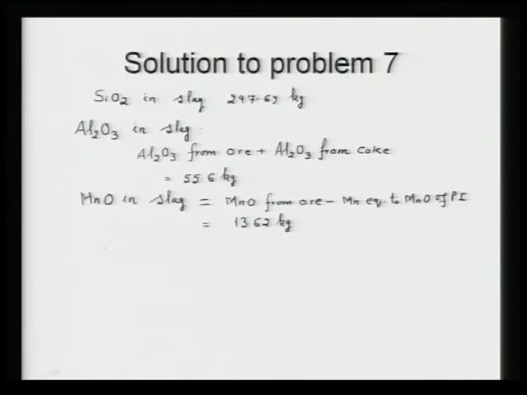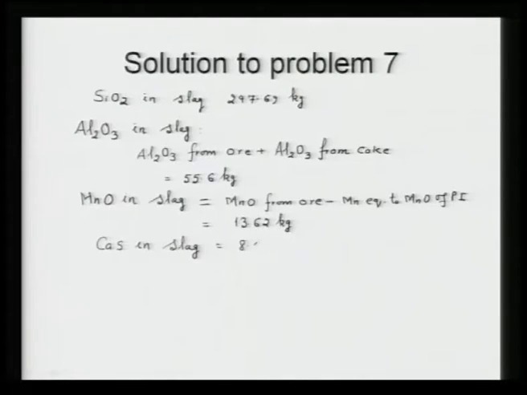So, the slag will also have calcium sulphide, that can be calculated from the reaction CaO plus FeS equals CaS plus FeO, because you know coke contains FeS. So, the source of calcium sulphide is FeS in the coke. From the amount of FeS and kg mole you can calculate calcium sulphide in slag. So, calcium sulphide in slag will be equal to 8.18 kg. This can be calculated very easily.